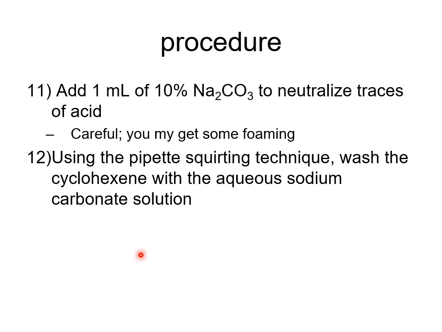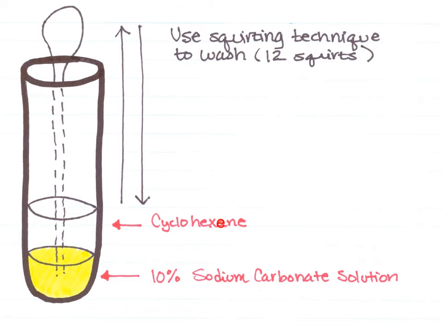So then you would add 1 milliliter of 10% sodium carbonate, this is to neutralize the sulfuric acid. You also want to watch out, you'll probably get foaming. Use the pipette squirting technique. Wash the cyclohexane with aqueous sodium carbonate solution, right? So this solution, you would just wash your sample.